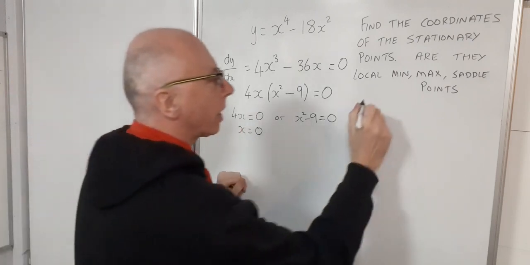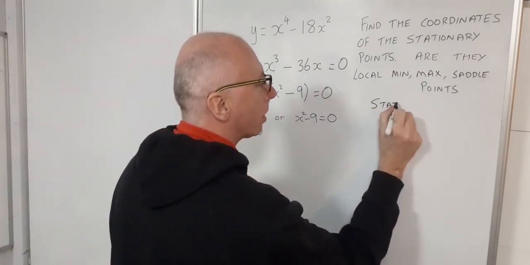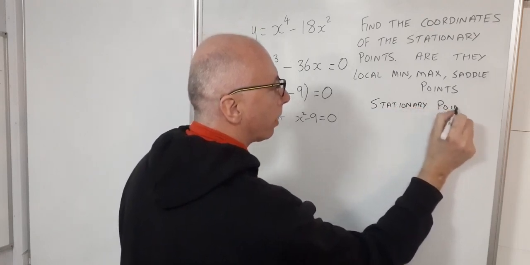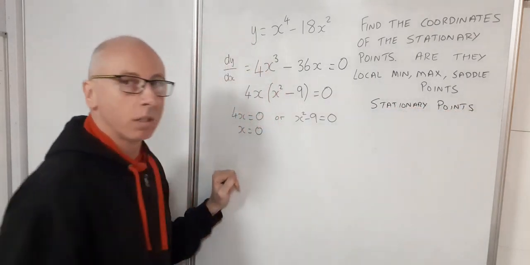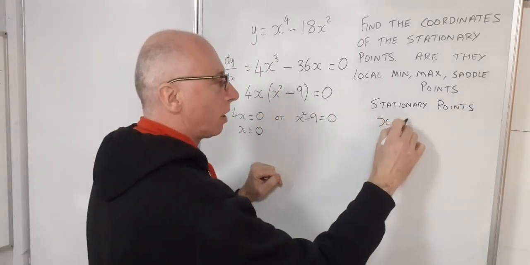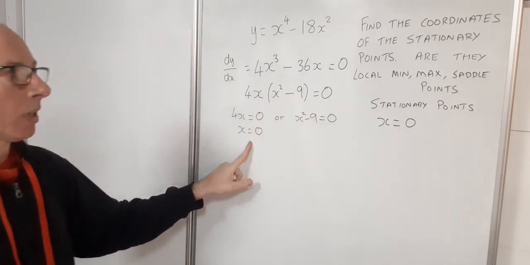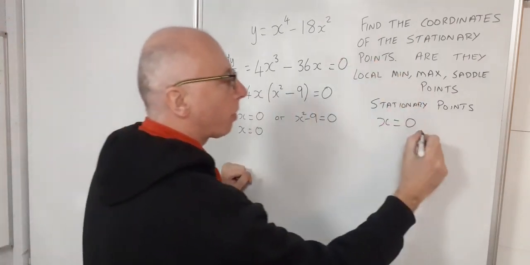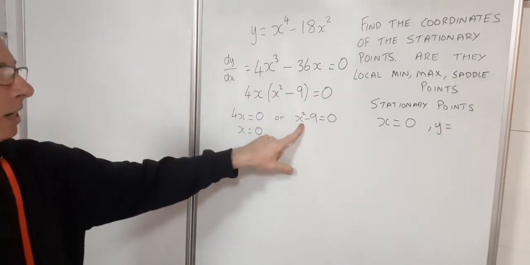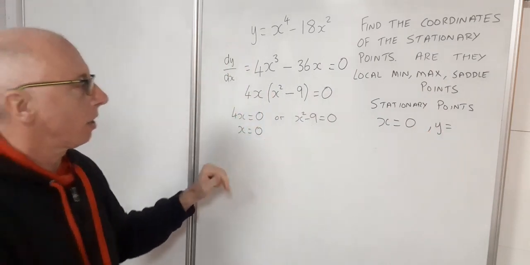So let's write them up here. So stationary points, there's going to be at least 2. So x equals 0, that's 1. Now I can find my coordinates, so I can find my y coordinate in a moment. Now x squared minus 9, let's solve for that.